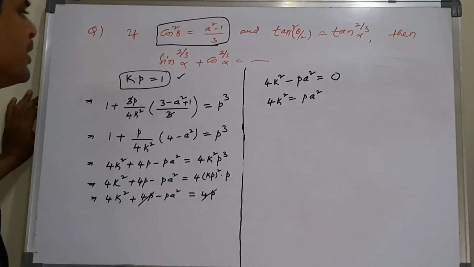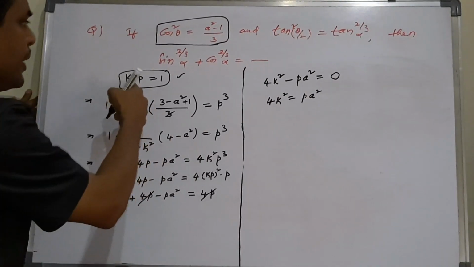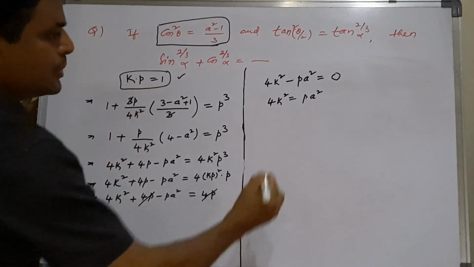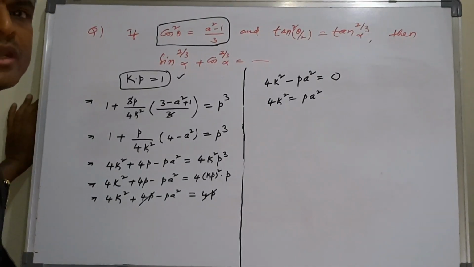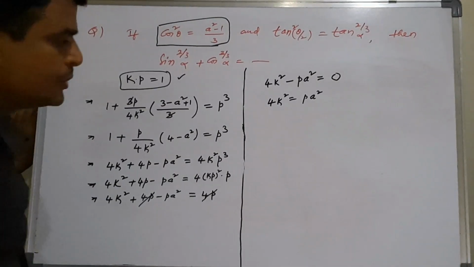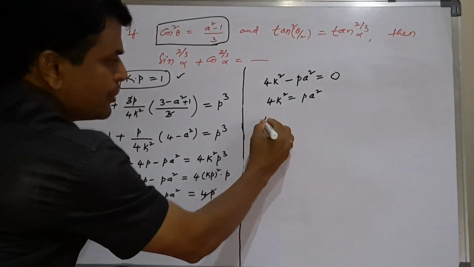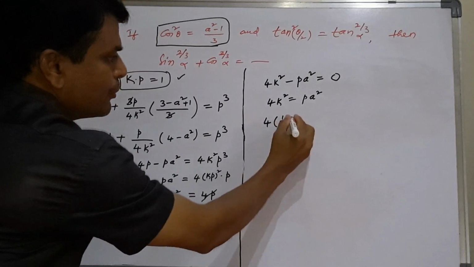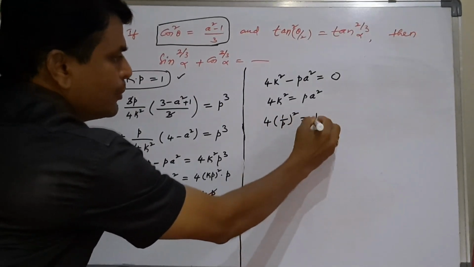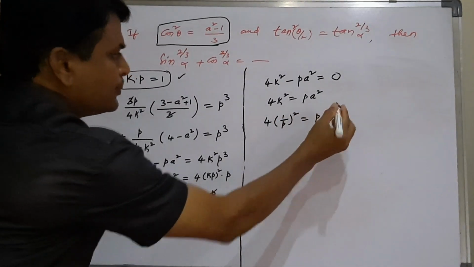But the relation between k and p is k into p is 1. So now I want to get in terms of p. Why? Because we need to calculate the value of p. So k can be replaced with 1 by p. So 4 into 1 by p whole square is equal to p into a square.